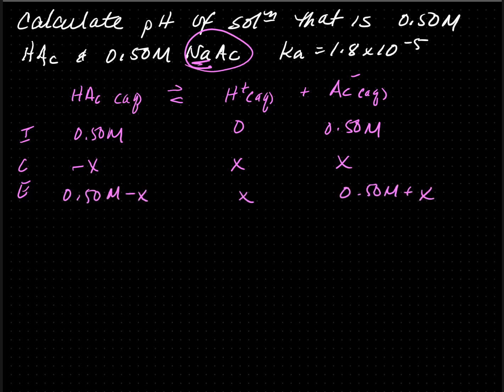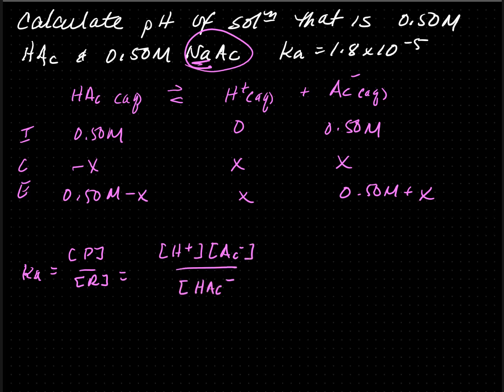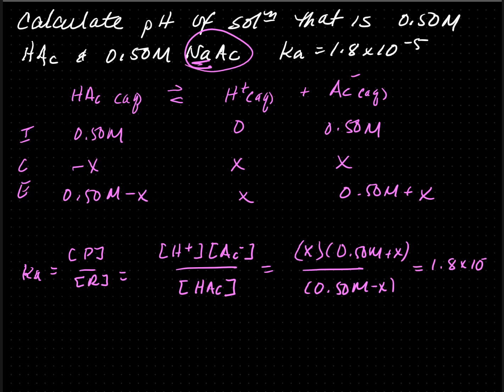Now I'm going to write my equilibrium equation. So Ka is going to be products over reactants. So this is going to be H plus times Ac minus over HAc, plugging in X times 0.50 molar plus X over 0.50 molar minus X. This is equal to Ka, which is 1.8 times 10 to the negative fifth.